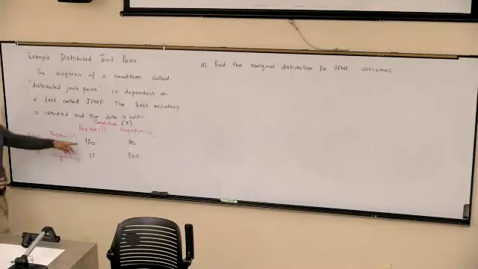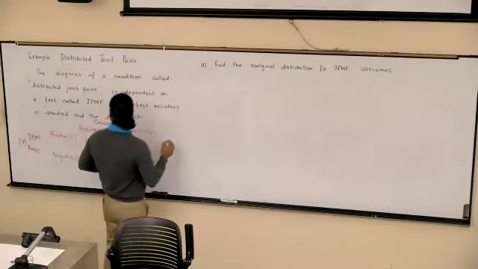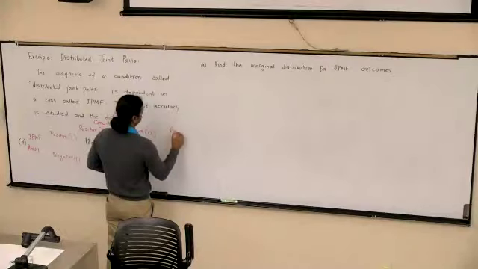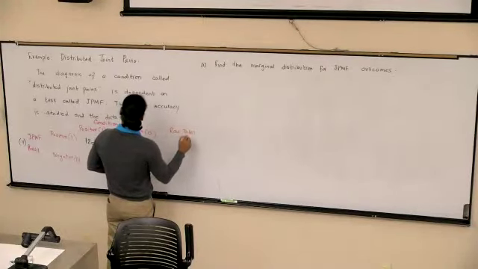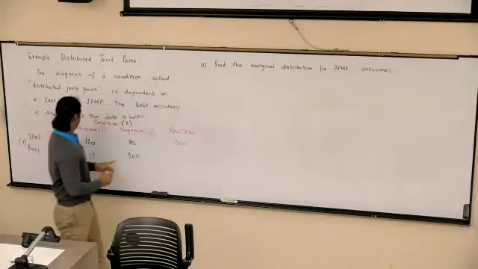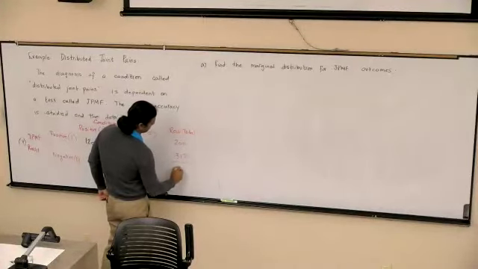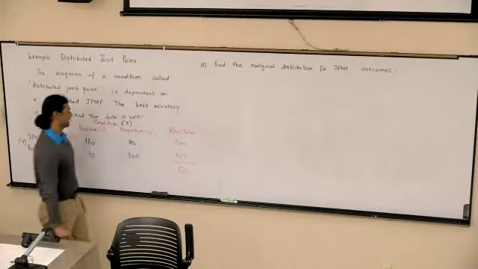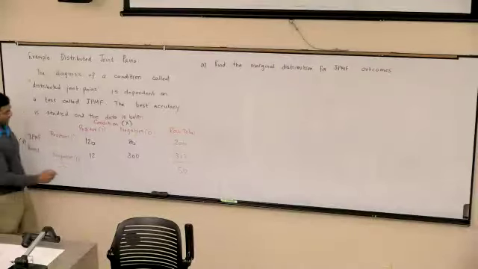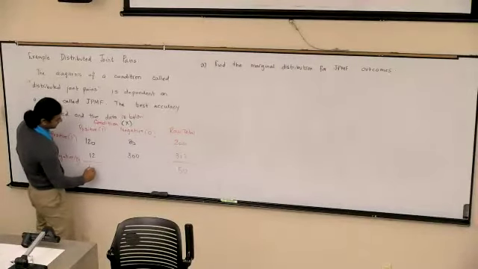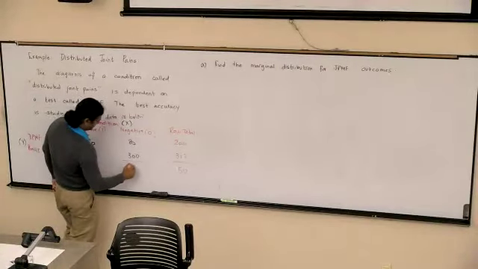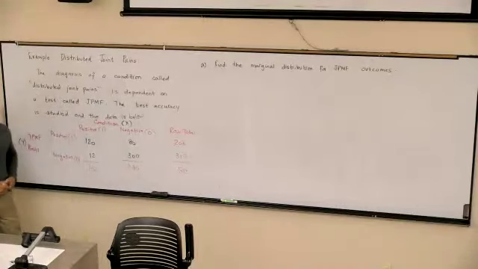So 120 plus 80 is 200, 300 plus 12 is 312, and 512 in total. Over here, 132 and 380. If you add the two, you should get 512 as well.